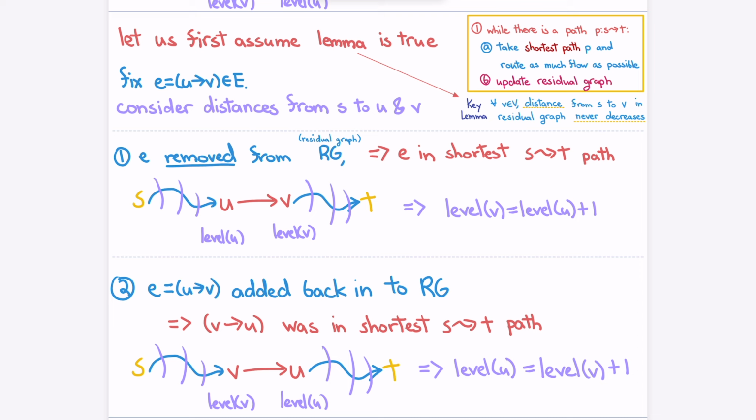The distances aren't based on capacities, you're just counting edges. So the algorithm is dealing with the capacities when it's routing flow. In the analysis, I'm just going to focus on distance in terms of number of edges from S. The algorithm isn't really directly concerned with this. We're just trying to do something very clever to analyze the algorithm in a relatively indirect fashion compared to what we've done before.